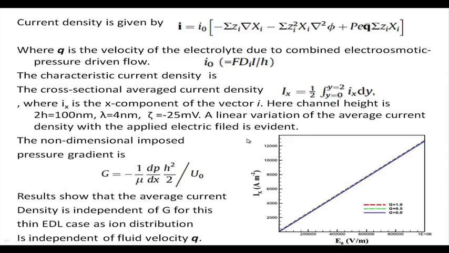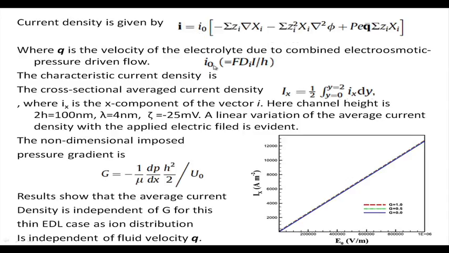Now, current density can be obtained, as we discussed before, also for the Poisson-Boltzmann model. In the same way, the current density vector is given this way.